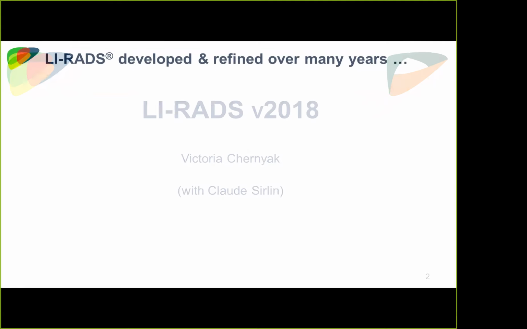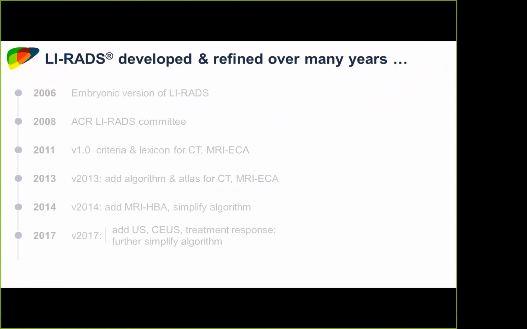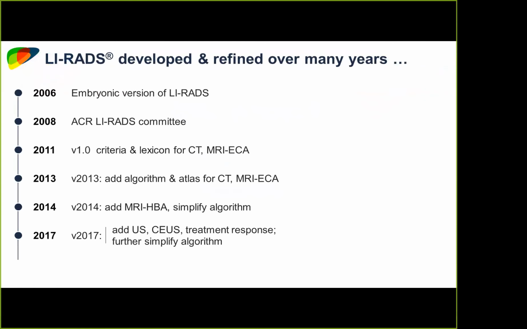So just a background, LI-RADS started in 2006, but the official version came out in 2011. Since then, it went through several iterations. Certain things were refined, certain things were added. And in 2017, we had a pretty significant update, and our original plan as a steering committee was to have another release in about 2019 or 2020.